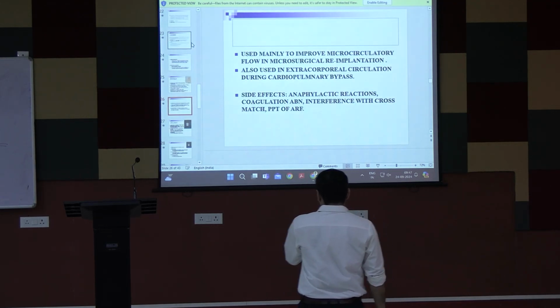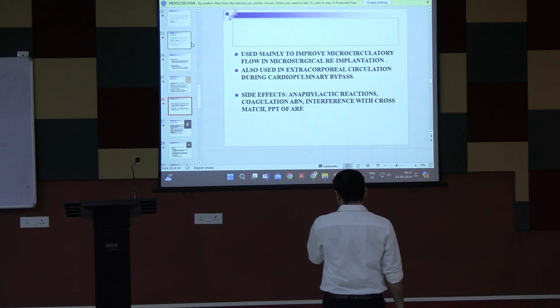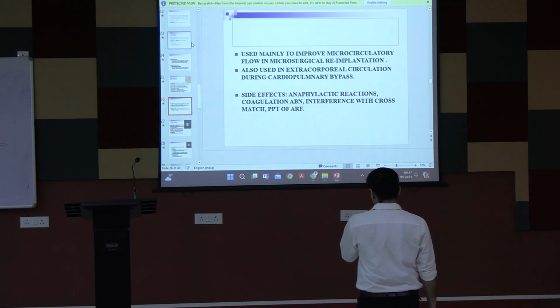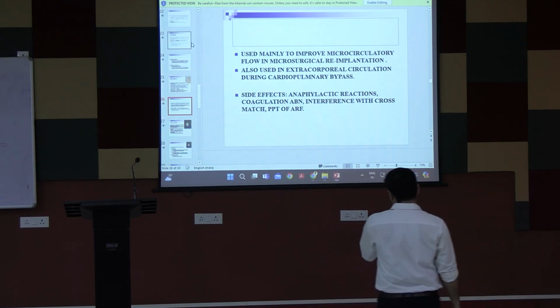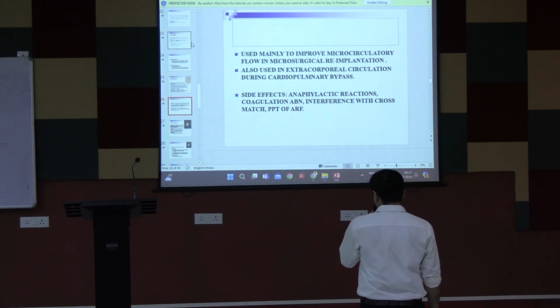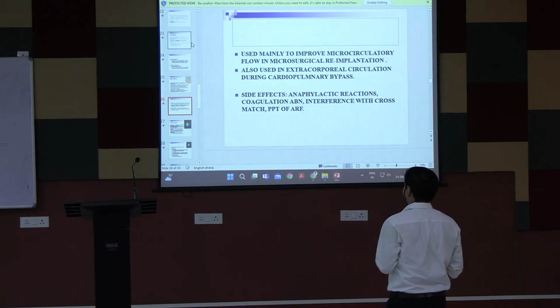Used mainly to improve microcirculatory flow in microsurgical reimplantation, also used in extracorporeal circulation during cardiopulmonary bypass. Side effects: anaphylactic reaction, coagulation abnormality, interference with cross-match, and acute renal failure.